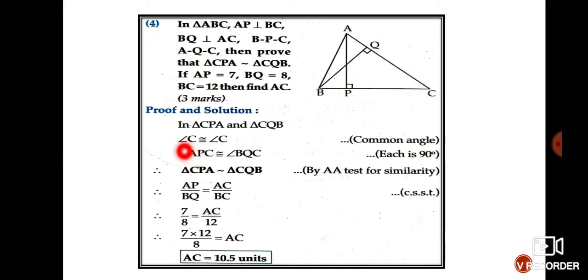So we write angle C congruent to angle C, common angle. And then you can see in this triangle Q is 90 degree, in the other triangle P is 90 degree. So you have APC congruent to BQC and you say each is 90 degree. Therefore the two triangles are similar by AA test of similarity.